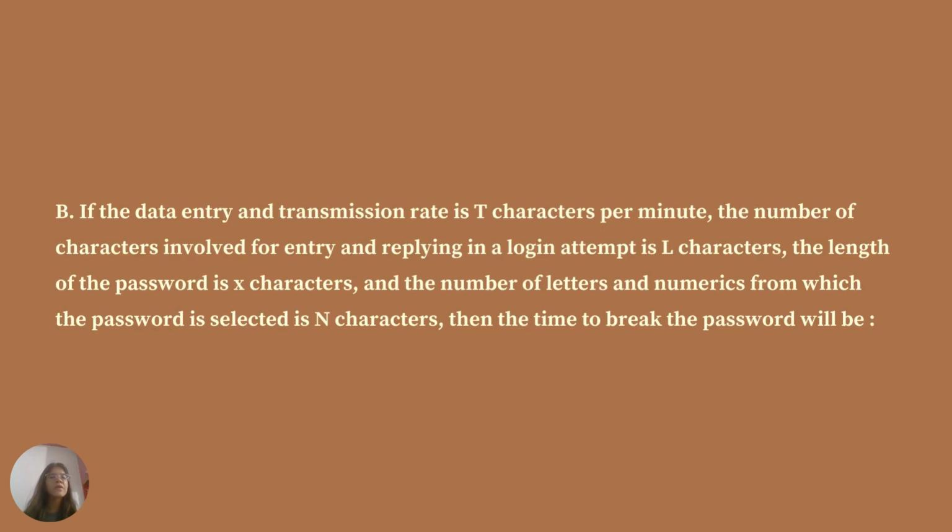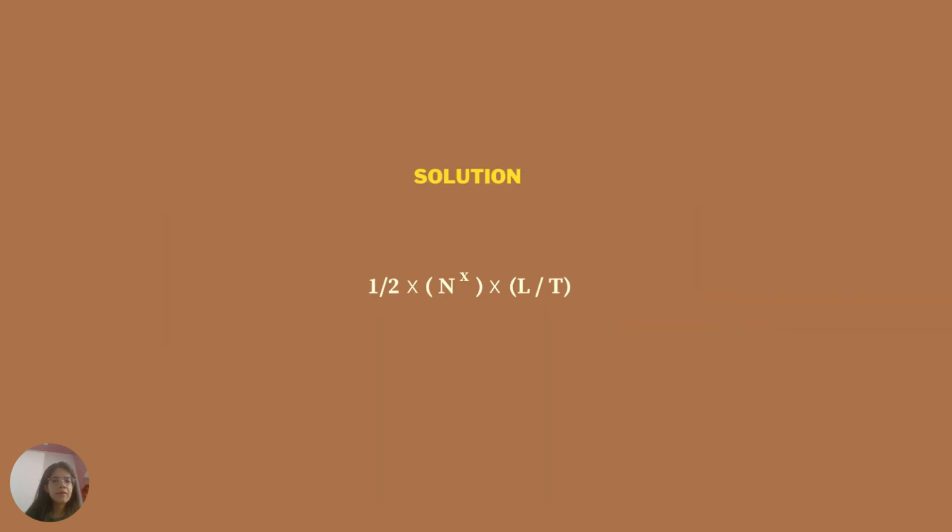The second question is: if the data entry and transmission rate is t characters per minute, the number of characters involved for entry and replying in a login attempt is l characters, the length of the password is x characters, and the number of letters and numerals from which the password is selected is n characters, then the time to break the password will be 1/2 n^x times l/t.